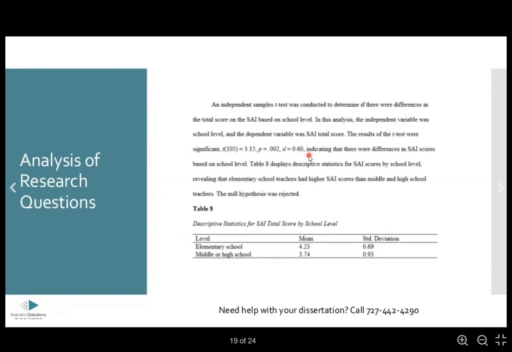In this case, our p-value is very small, 0.002. So this researcher is concluding that there were differences based on the school level. And because of that, they can say that their null hypothesis was rejected. So now we can see, yes, these were numerically different, and we can also conclude that they are statistically significantly different.